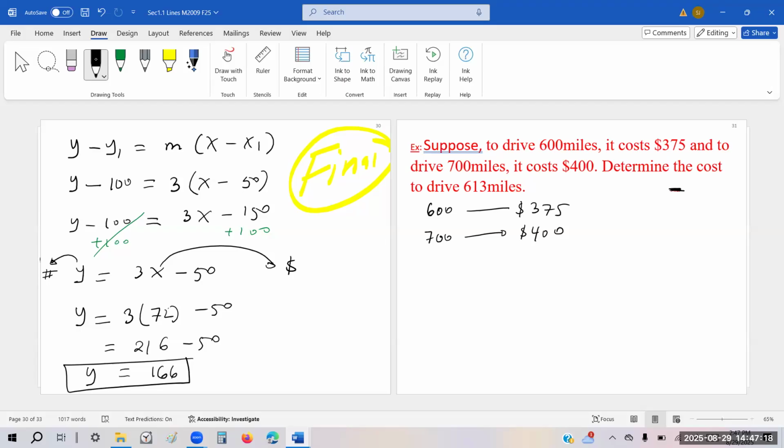We want to know how much money you need when you have to drive 613 miles. So it's somewhere here. For 600, it's 375. For 700, it's 400. But between 600 and 700, if you drive, how much money do you need to have in your pocket to buy your gasoline?